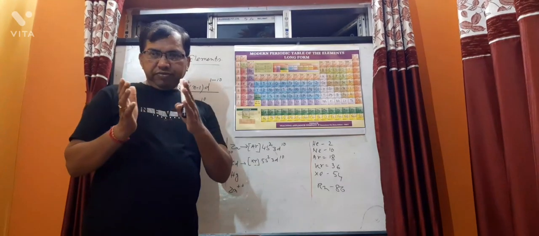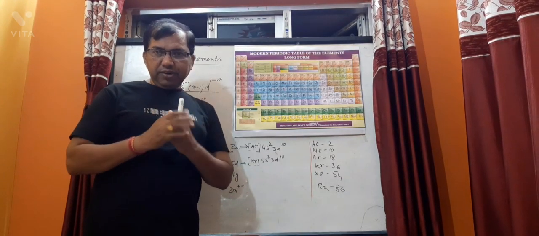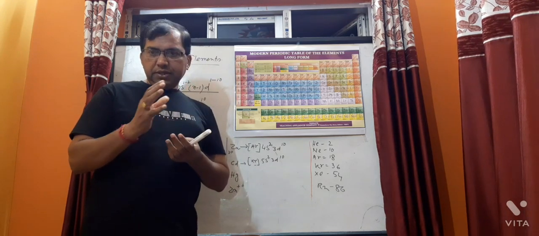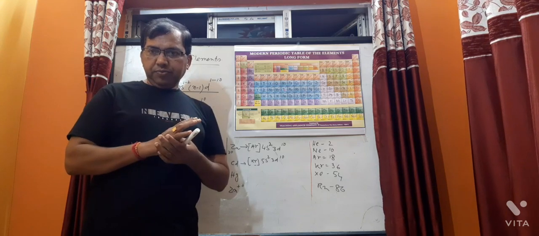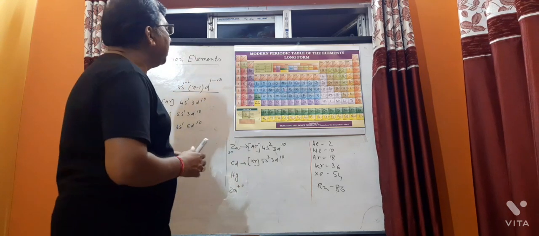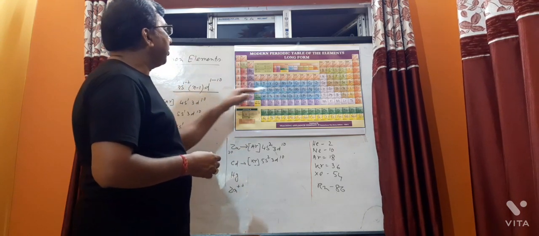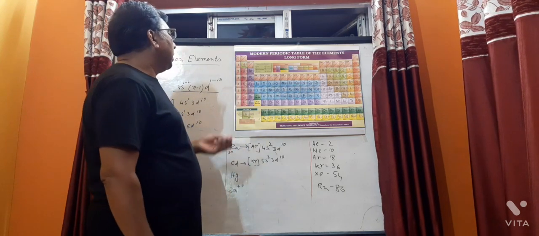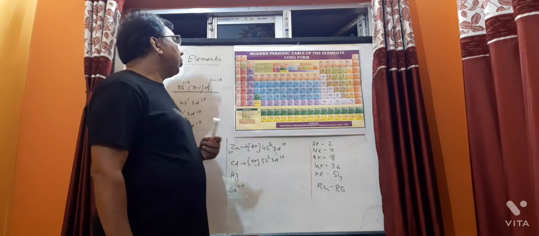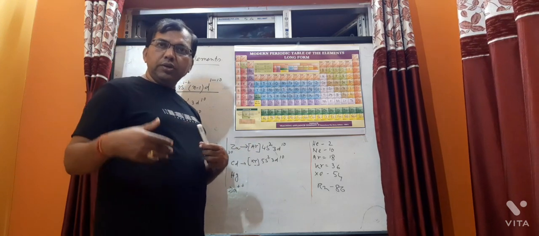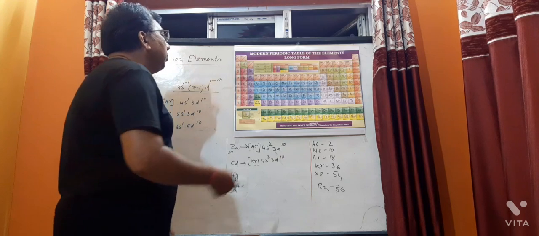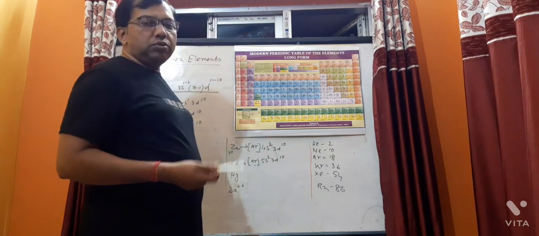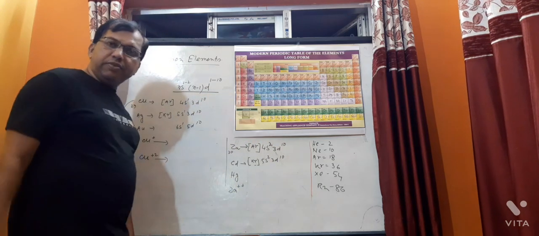The d orbital must always be partially filled. What you see from here, scandium, titanium, vanadium: scandium is argon 3d1 4s2, vanadium is argon 3d2 4s2. This is the partially filled orbital.